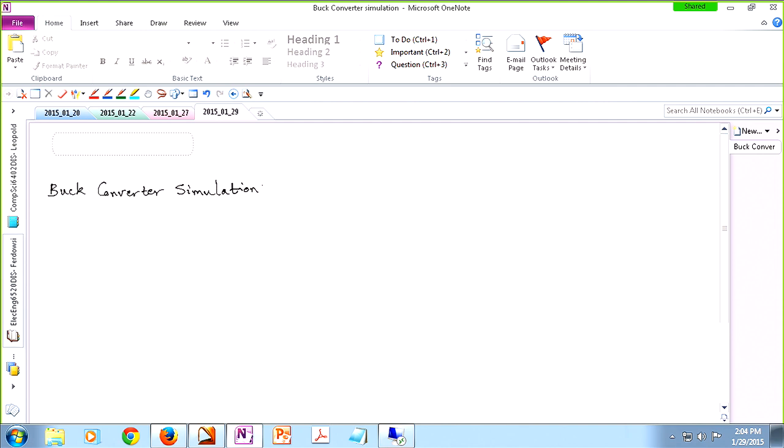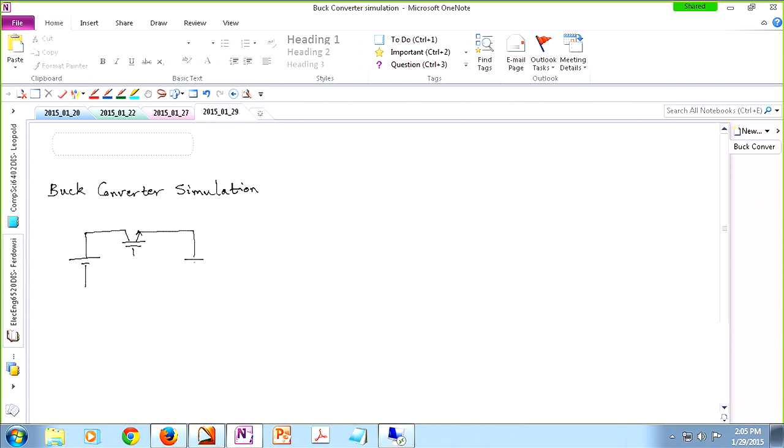All right, so let me see if I can find my note. Okay, so let me draw the diagram of the buck topology. So we have this source. Let's this time, for the sake of variety, use an IGBT as our switch.